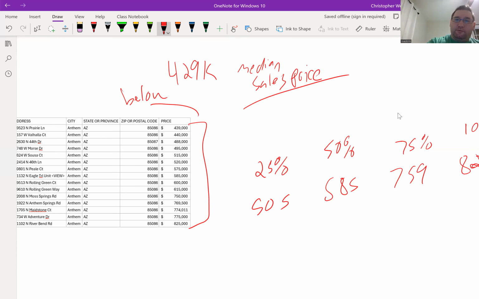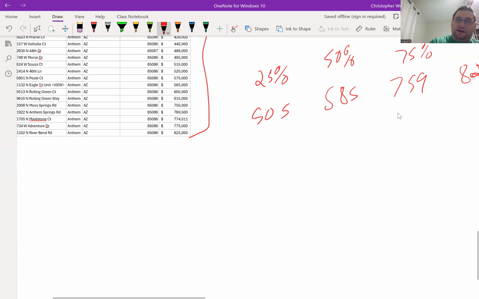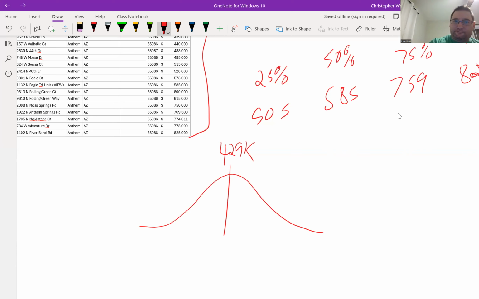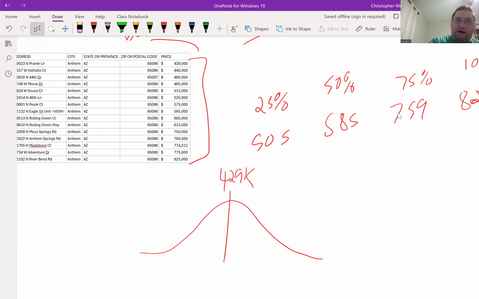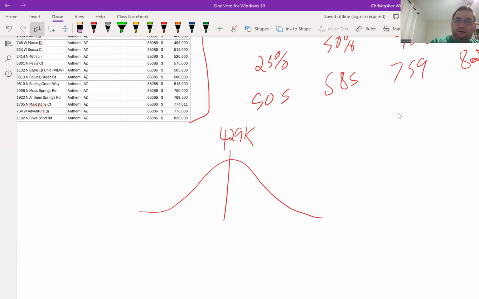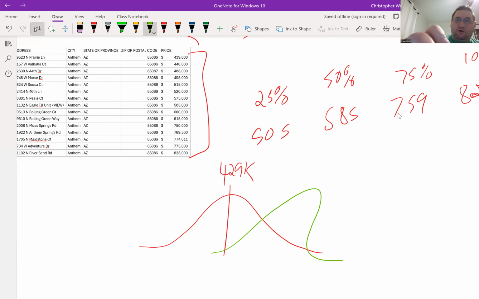So if we were to regraph this, the 429 here in sales price, and let's say it was just a normal bell curve, our Anthem curve would look like this. Why? Because none of these homes, the tail actually would not come about until right about here.